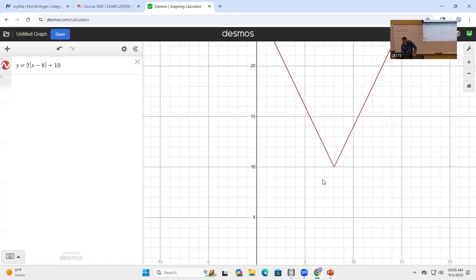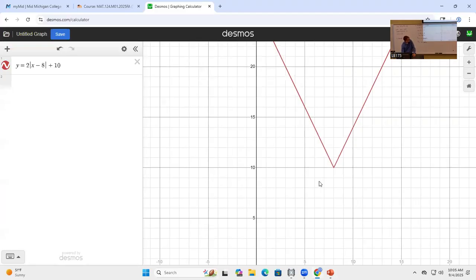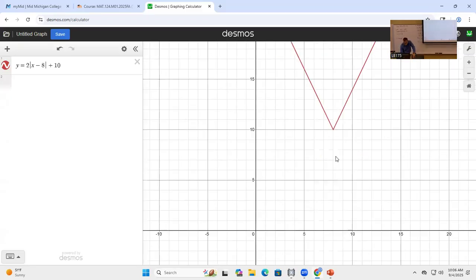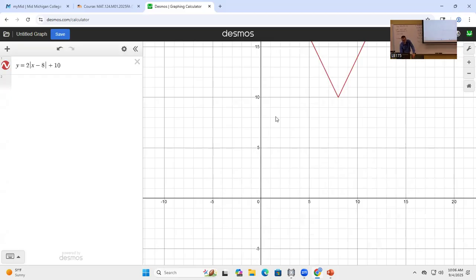There you go. Sorry. So it sits right up there. So it's never going to come down and cross the x-axis, right? That's the idea.